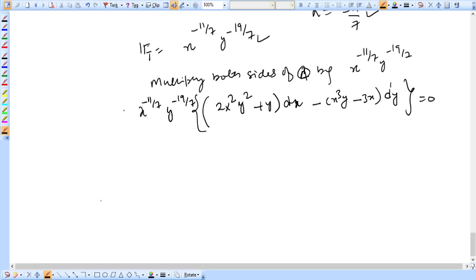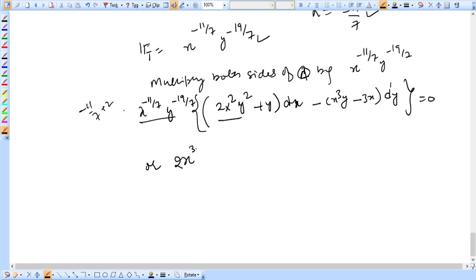After multiplication, you take it inside and you will get this and this multiplication: x raised to power 2 minus 11 by 7, it is equal to 3 upon 7.